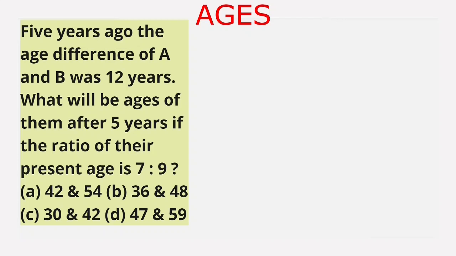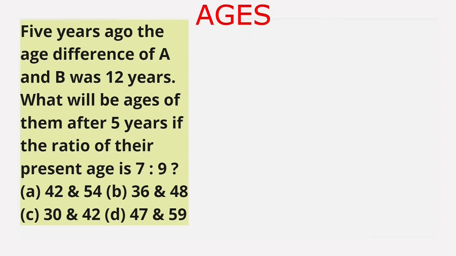For example, if I am 5 years elder to my brother, I will continue to be 5 years elder to my brother, whether it is 10 years ago or 10 years from now. Basically, the age difference between A and B is 12 years even at present.